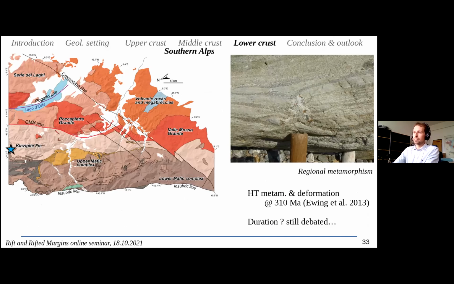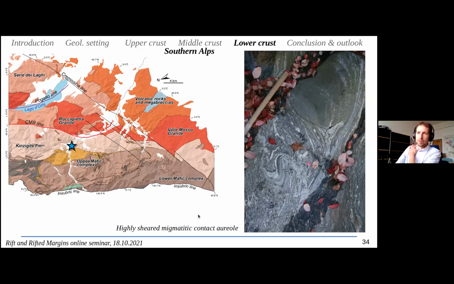And similar observations can be seen in the southern Alps, where we have strong host rock deformation, probably pre-intrusion, with partial melting, and that was dated at around 310 million years, whose duration is still a bit debated. By contrast, if we go in the migmatitic shear zone, we have highly sheared migmatites with, for instance, here that we can see.